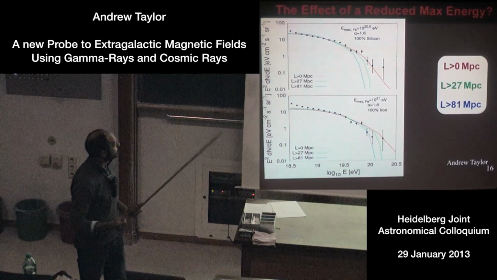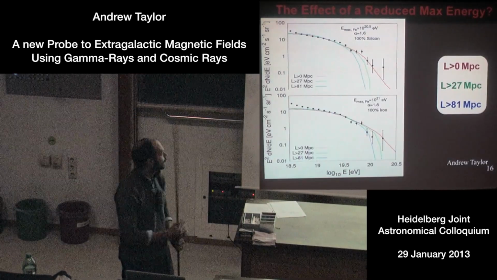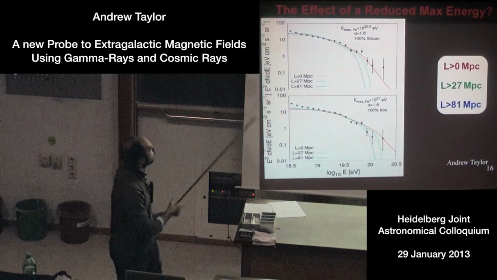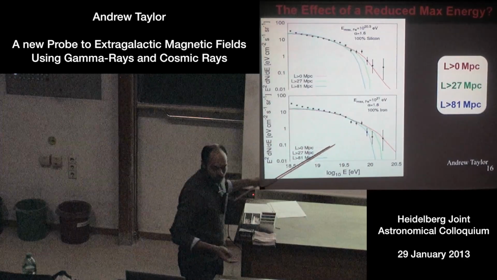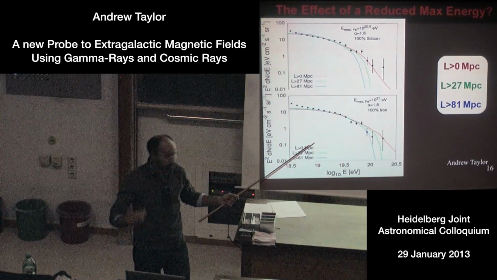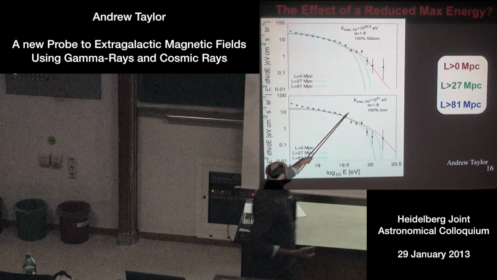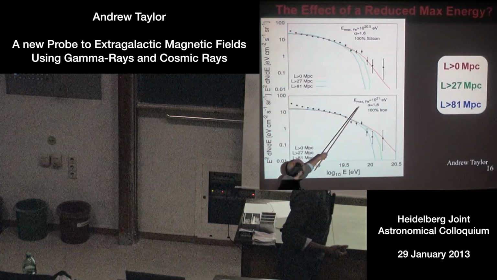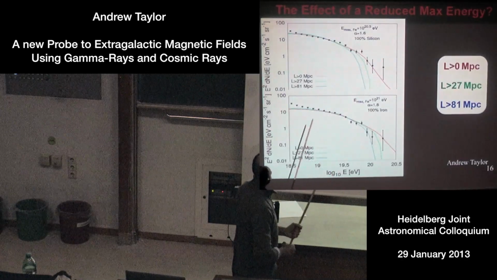Okay, so anyway, that's what the magnetic field does. And there's one other factor that I wanted to remind you that I've not been optimistic in these calculations. What about if I had a lower maximum energy of my sources? In those calculations I was using 10 to the 21 eV, I could have reduced it to say 10 to the 20.5 eV or so.